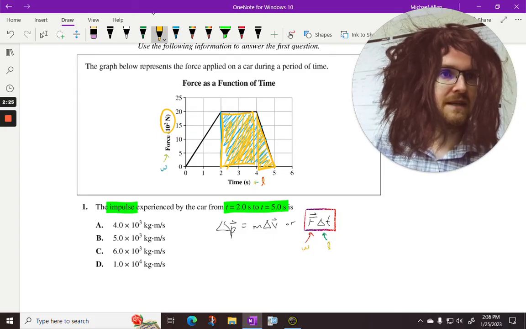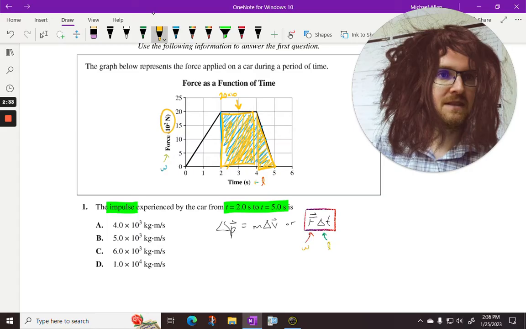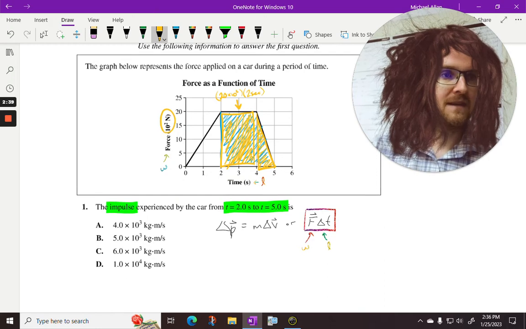So this first part is going to be our length times width. So this is just going to be 20 times 10 to the 2 times the time, which is just 2 seconds there. And this one, because it's a triangle, is going to be 1/2 base times height.